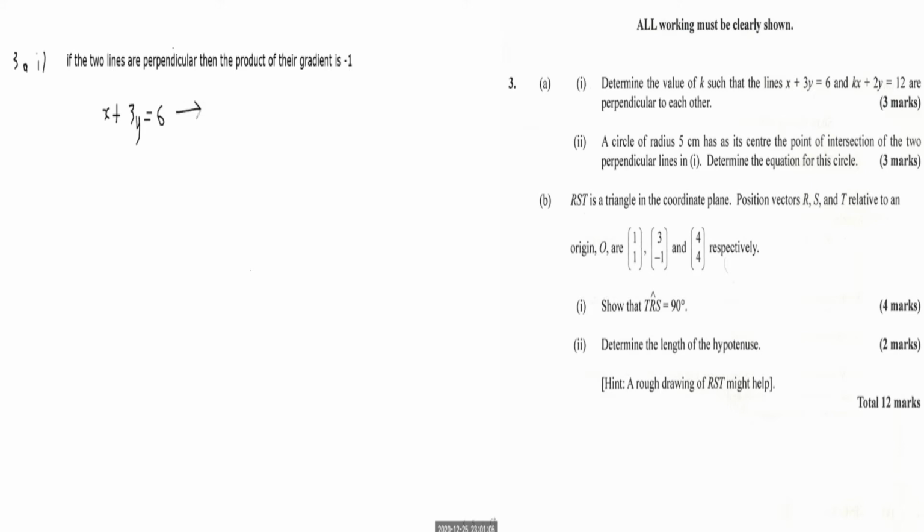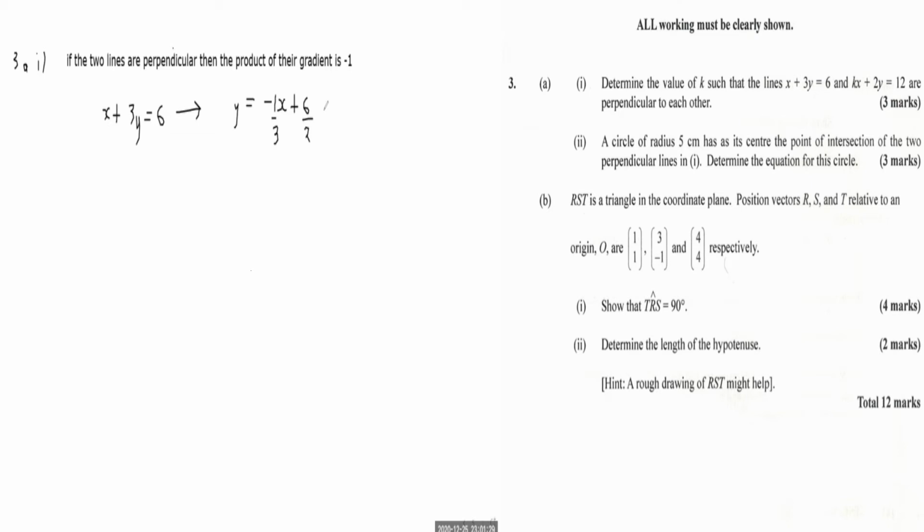So making y the subject will tell us that 3y is equal to minus x plus 6. All I did was subtract x from both sides. Then I'm going to divide both sides by 3. So dividing by 3, I'm going to get minus 1 over 3 x plus 6 over 3.